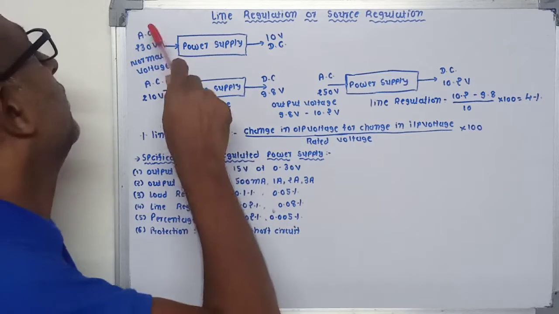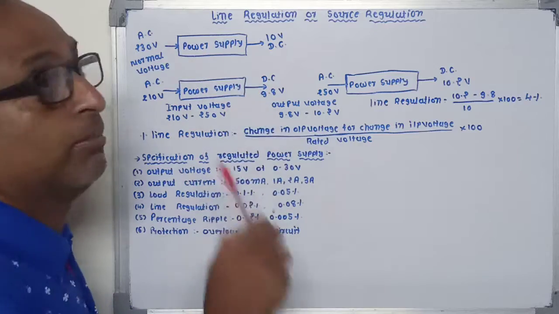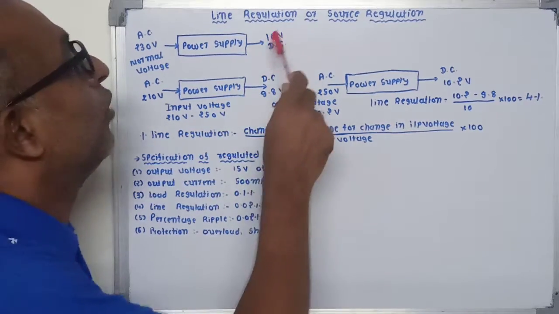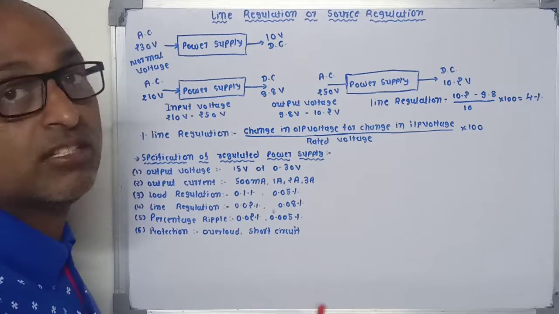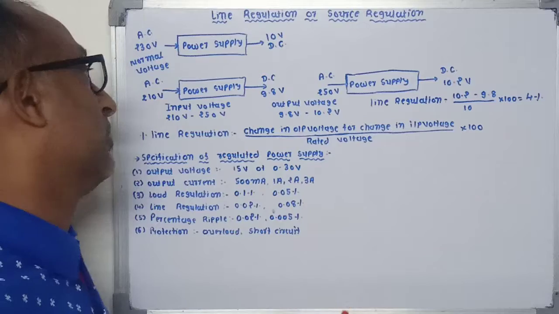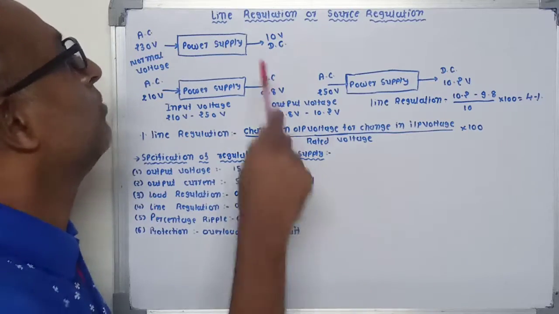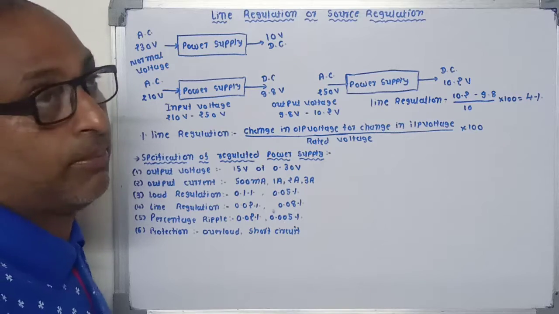Line regulation or source regulation. Suppose a normal 230 volt AC is applied to the power supply. It gives 10 volt DC as output voltage. This is the rated output voltage of this power supply. The output voltage of this power supply changes with change in input supply.